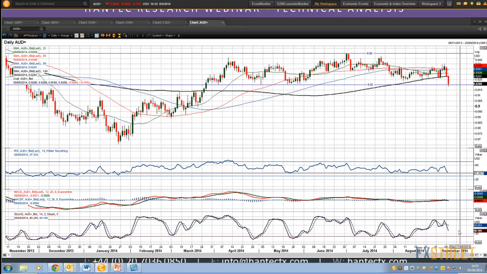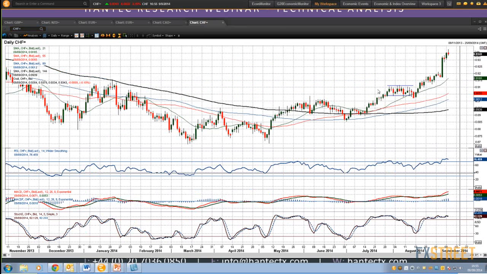In terms of stochastics, they're still just bordering positive, but rolling over. MACD line's pretty neutral. You wouldn't really want to be trading on that MACD. But yeah, I think it's still holding up okay. Not to say that it's not under pressure, but it's still hanging on just for the moment.